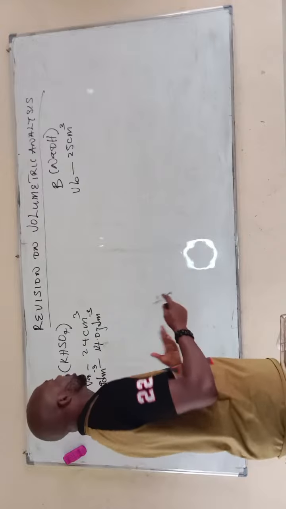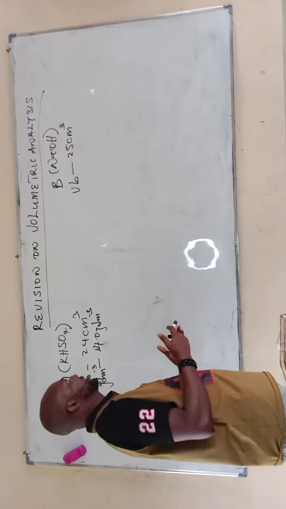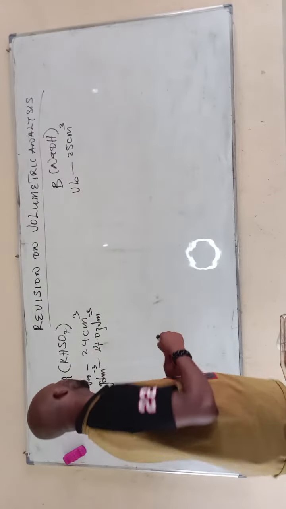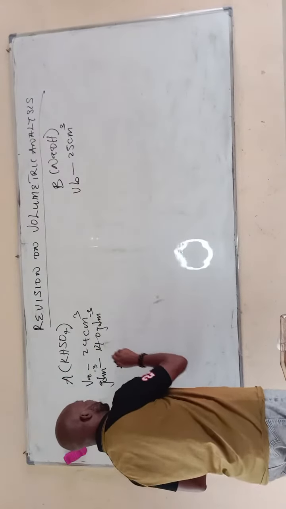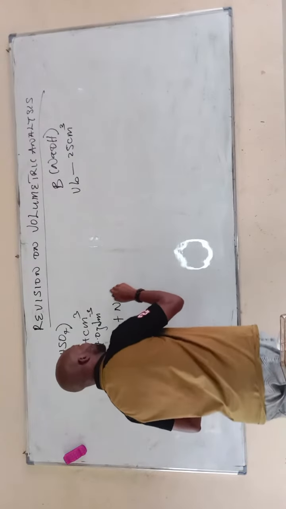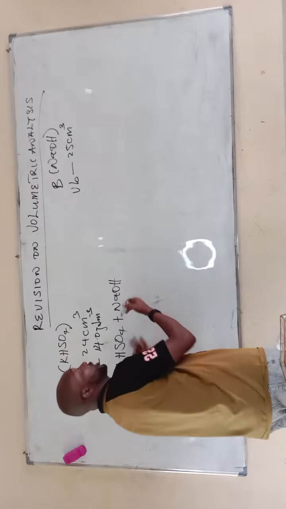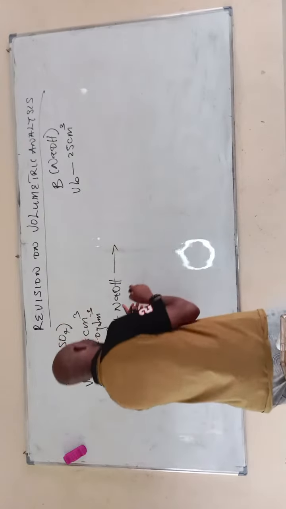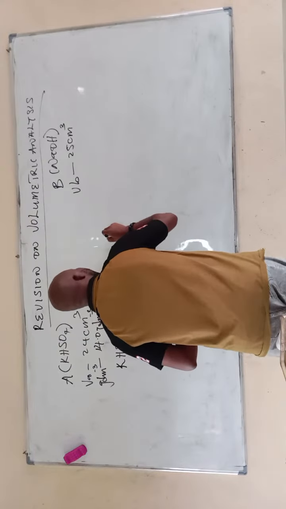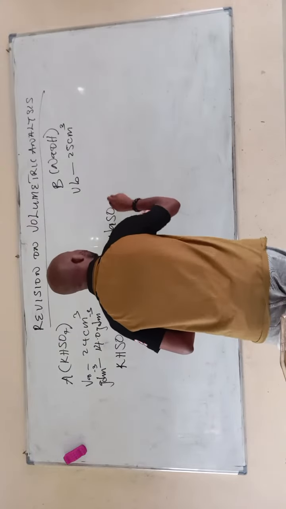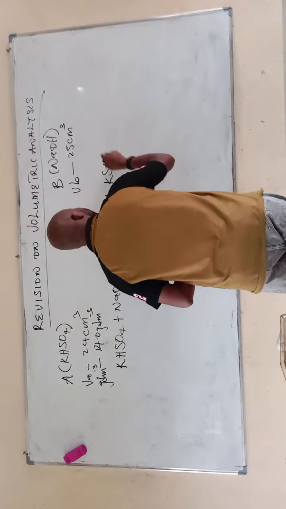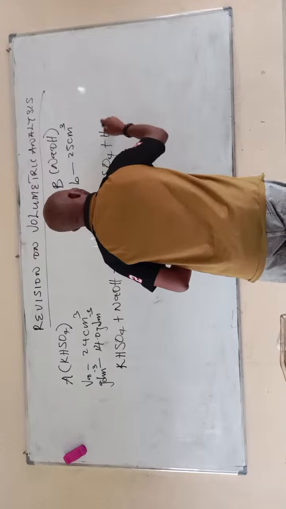But before we proceed in calculating the concentration of the acid, we must get our equation of reaction, then we proceed. So I have my potassium hydrogen SO4 reacting with sodium hydroxide, all of them in aqueous. We have our sodium sulfate plus potassium sulfate plus water.